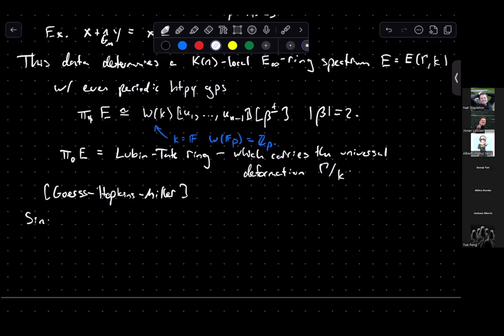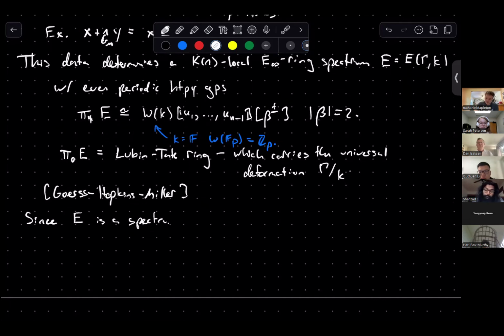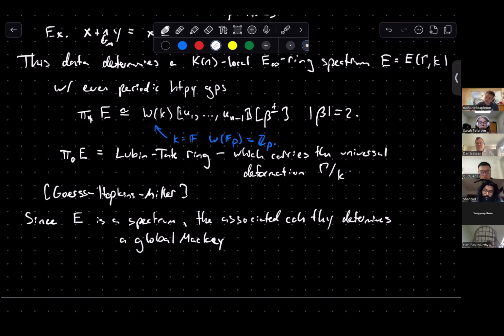Since E is a spectrum, the associated cohomology theory determines a global Mackey functor when I consider its values on classifying spaces of finite groups.